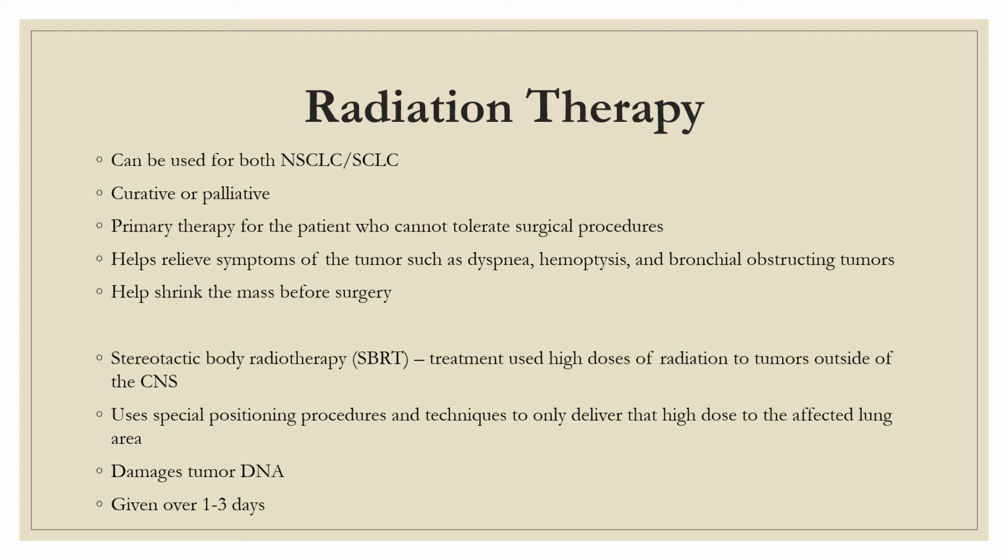So what it does is it damages tumor DNA, and it is given usually over 1 to 3 days. Some complications for any radiation therapy can be esophagitis, so inflammation in the esophagus, skin irritation, some burning on the skin, nausea, vomiting, anorexia, and radiation pneumonitis, which is really inflammation of the lung as well.